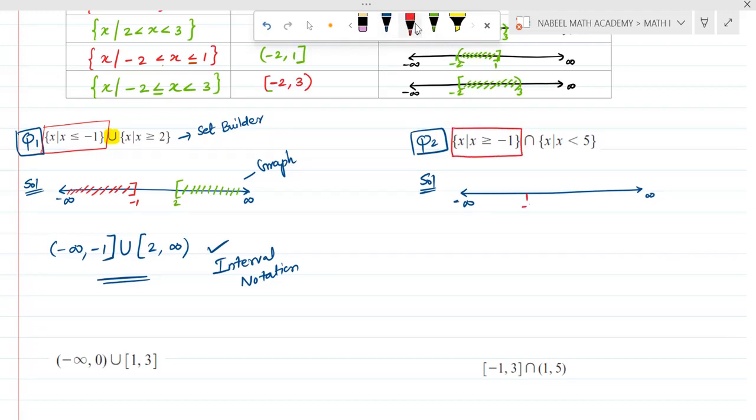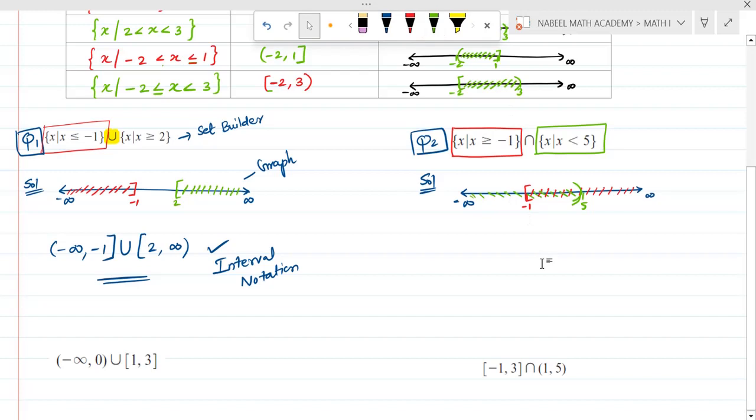Minus 1, which is more than, closed to the right. And here, what is this part? 5 will be here on the positive side, which is open, to the left.